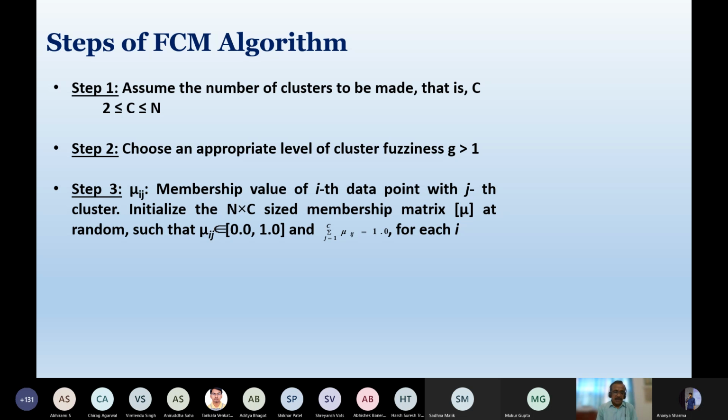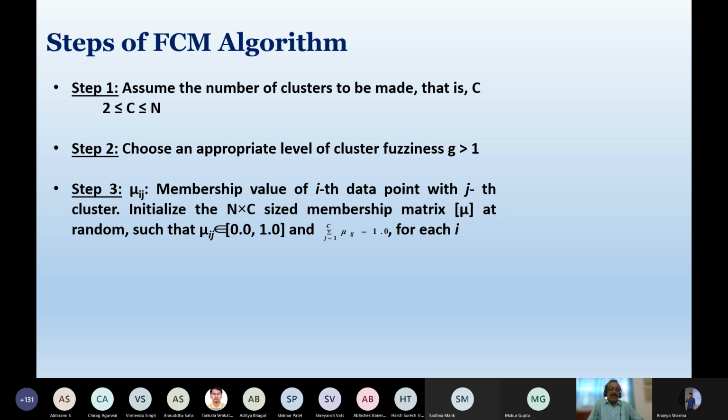Step 1, assume the number of clusters to be made, that is C, and C is lying between 2 and N. So C is greater than or equal to 2 and less than or equal to capital N. C is nothing but the number of cluster centers. Now supposing that I have got a set of data points, what should be the minimum number of clusters?